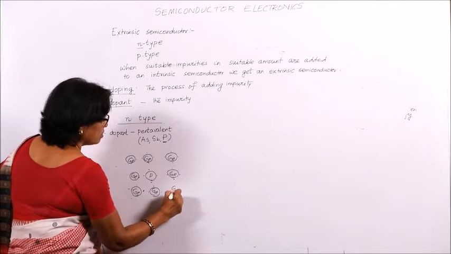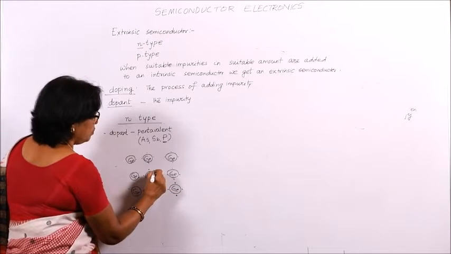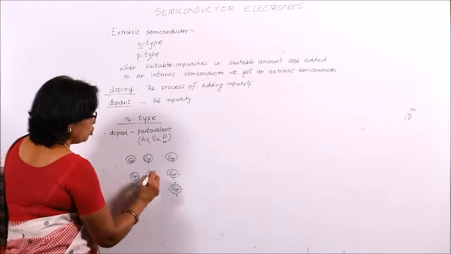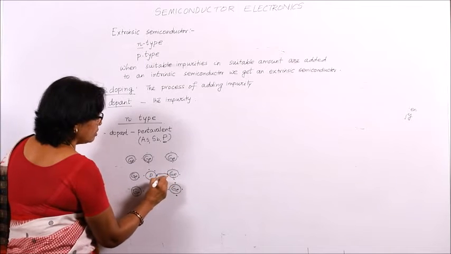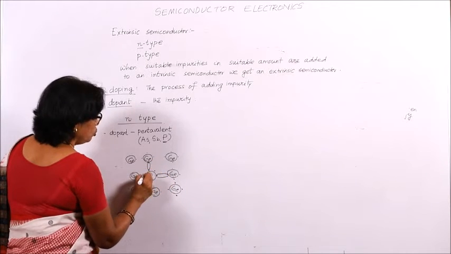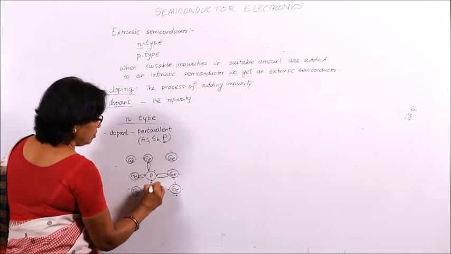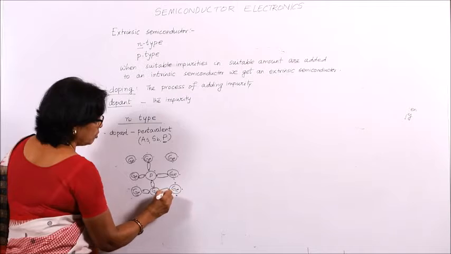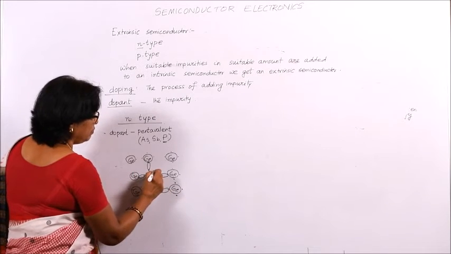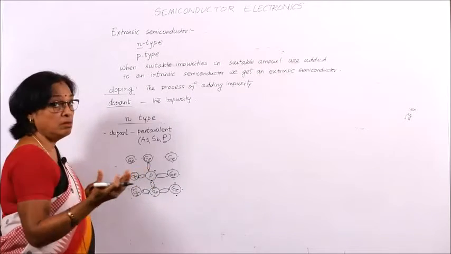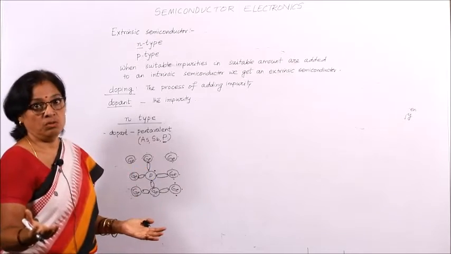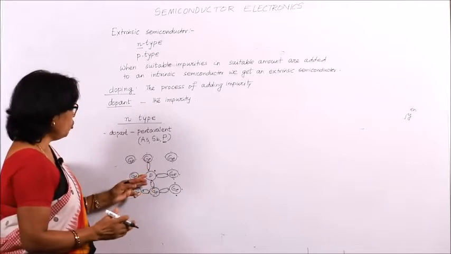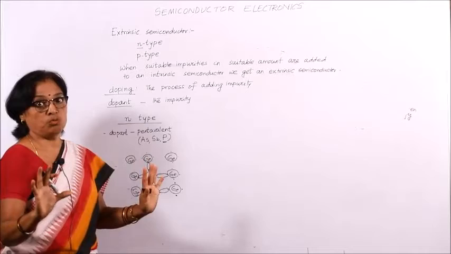In this case, phosphorus has 5 electrons, and it is surrounded on all sides by 4 germaniums. So it will form 4 covalent bonds with the nearby germanium. This 5th electron is unwanted now, because phosphorus wants to have 8 electrons in the outermost orbit.